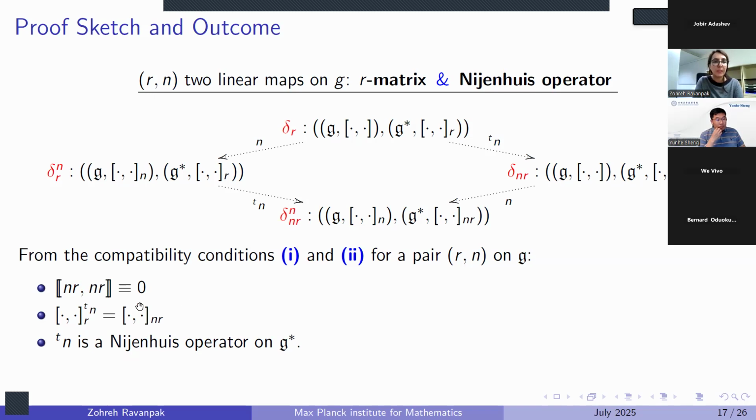The bracket defined by NR, which is a new Lie bracket, is the same as the bracket deformed by N transpose from the initial one. These are also important, as they are the same as for PM structures.